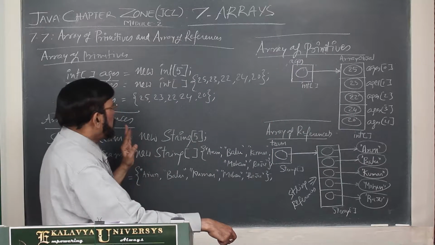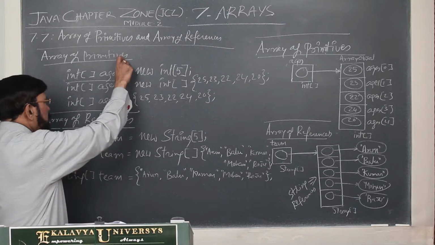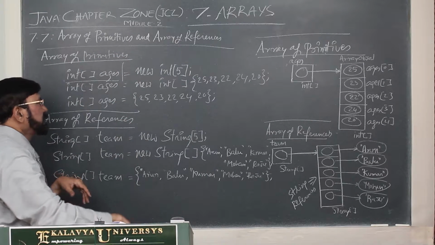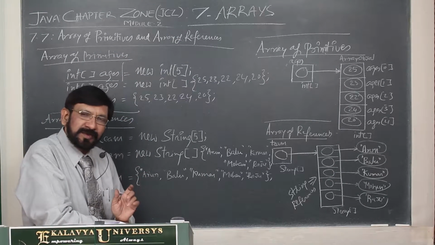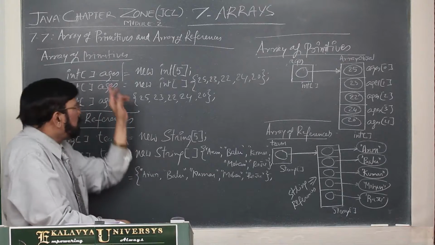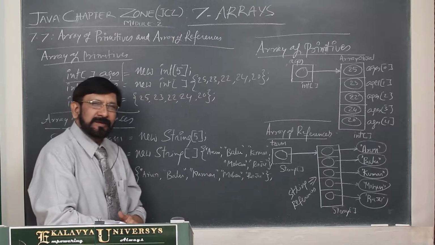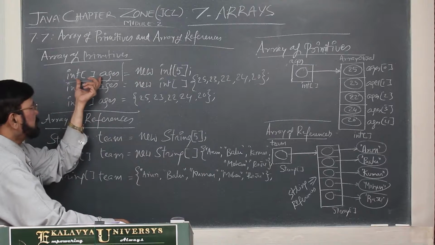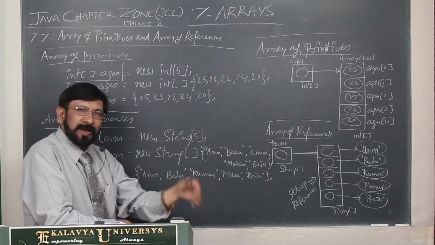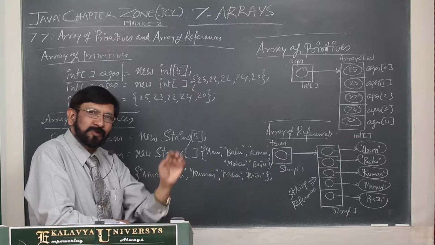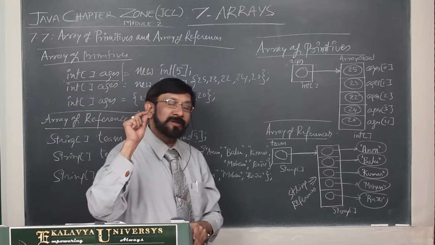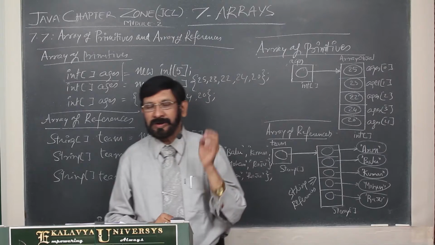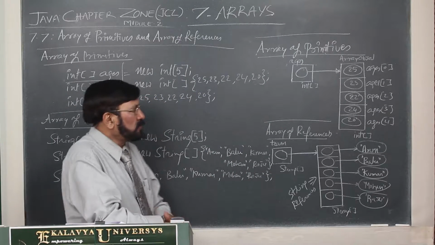Okay, one more point I have to tell you. Immediately after declaring only the reference, if you want to access any of the elements of ages, then actually the array is not created, only the reference is created. Then if you access the array, it leads to throwing an exception called NullPointerException. That point also you must remember.